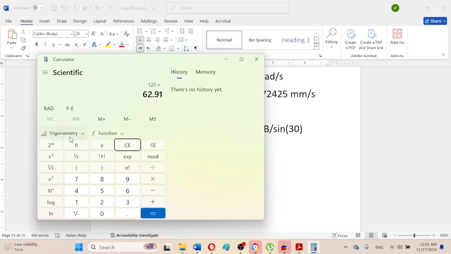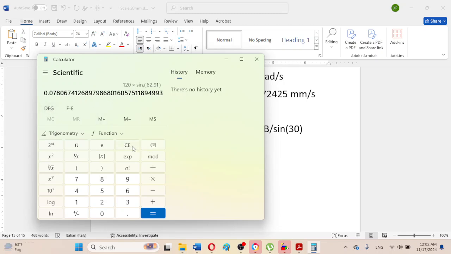Sorry, I think this is in radian, so actually change it into degrees.